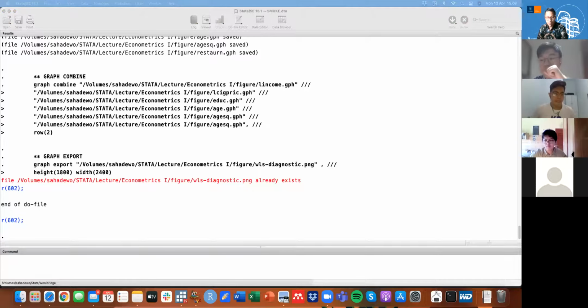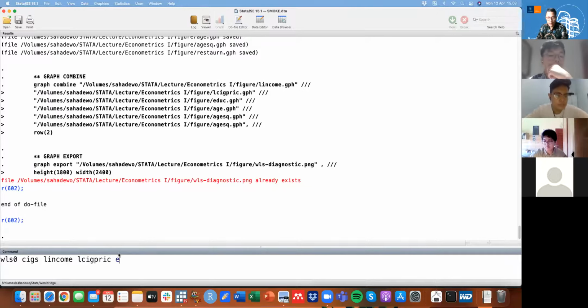Okay, so the first thing that I'm going to do is a WLS, with cigarettes, then log of income, then log of cigarette price, then education, age, age squared, restaurant, and the weighting variable that I'm going to use is log income. I'm going to start here first and then build up from there.